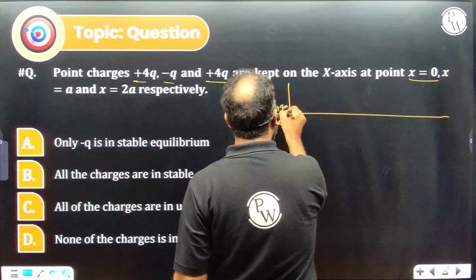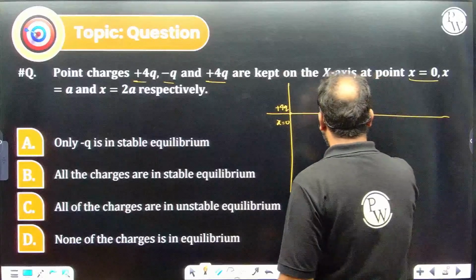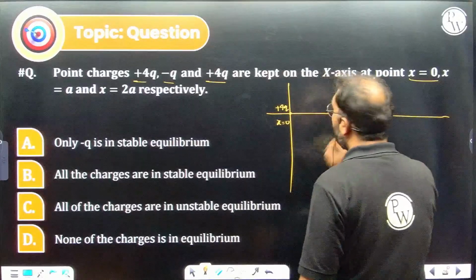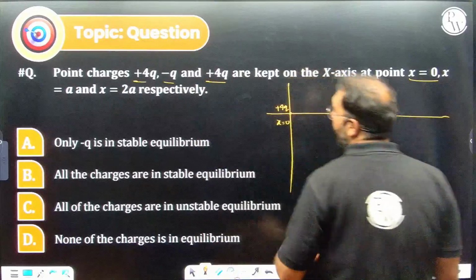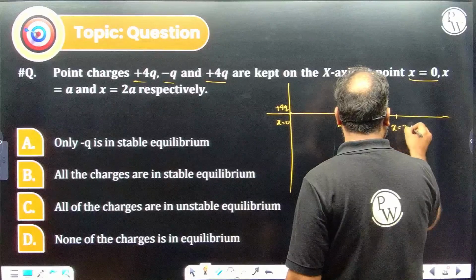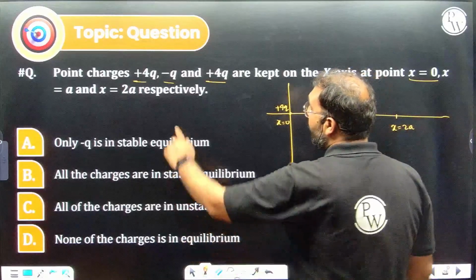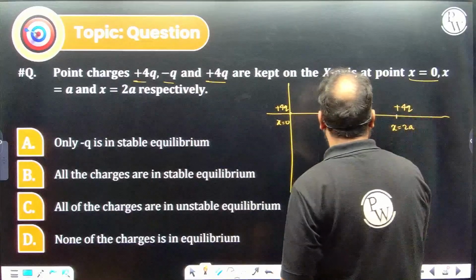Then we have the next point as x equals a, and here the charge placed is minus q. And then x equals 2a, and here the charge placed is again plus 4q. This is the arrangement of the charges.